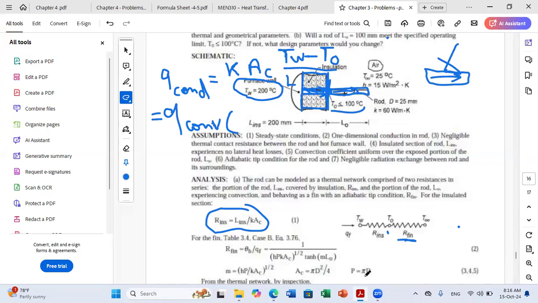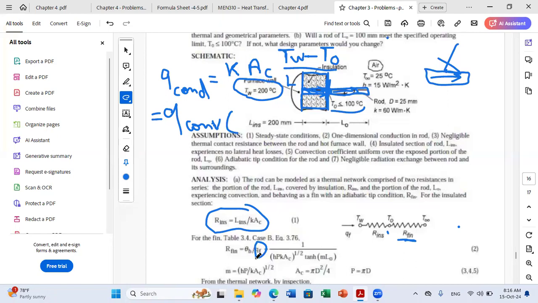If you don't want to use the concept of corrected lengths here, you can use the accurate formula. To not use corrected lengths, you can use the exact formula by considering from the table what is Q for a fin of a certain limited length that is not insulated.